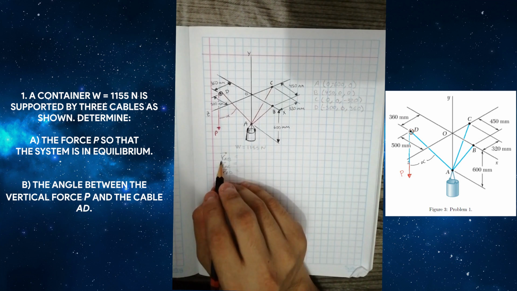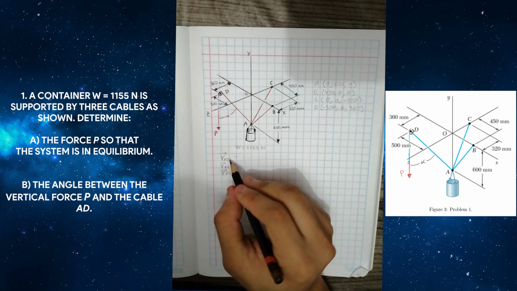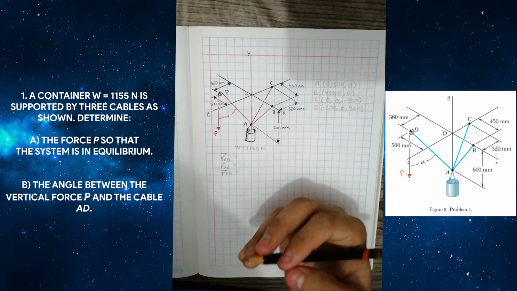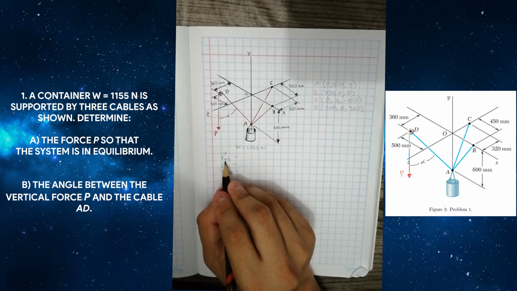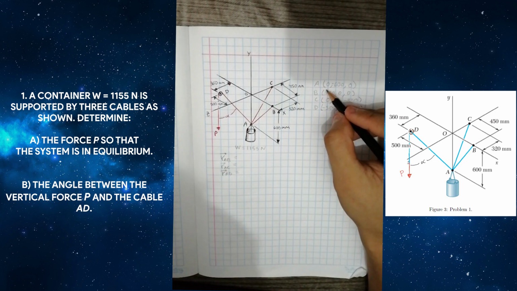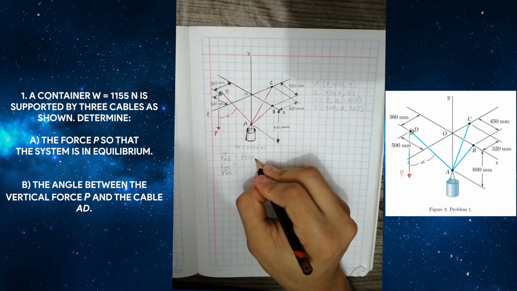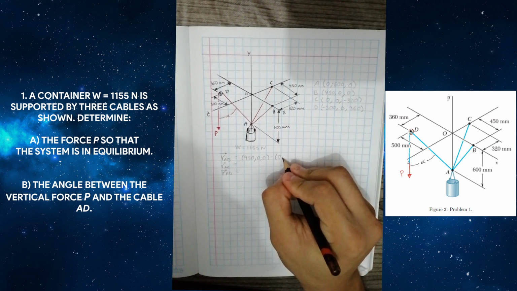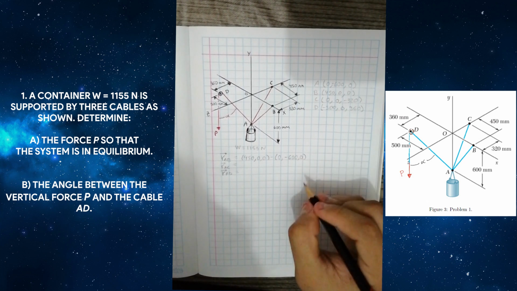To get this position vector, we only need to subtract the coordinates of the point B minus the coordinates of the point A. That is 450, 0, 0 minus 0, minus 600, 0.